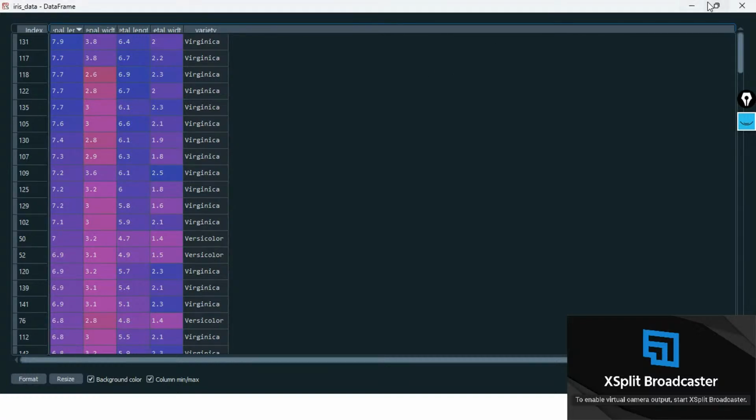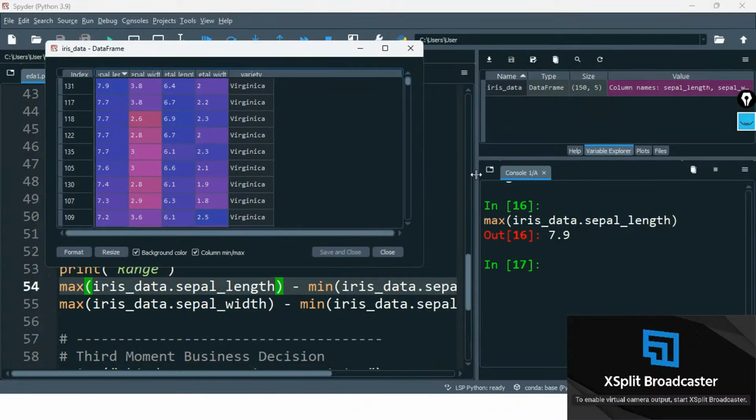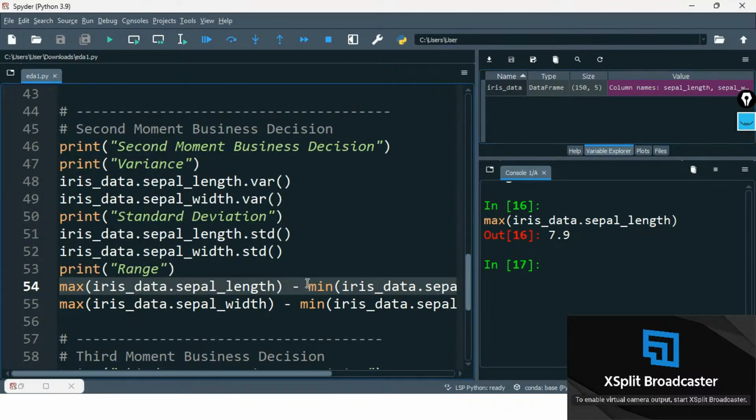That is what we have achieved. See, 7.9. When I execute only the minimum value, it should return me 4.3. Let us check, will it return 4.3 or not?